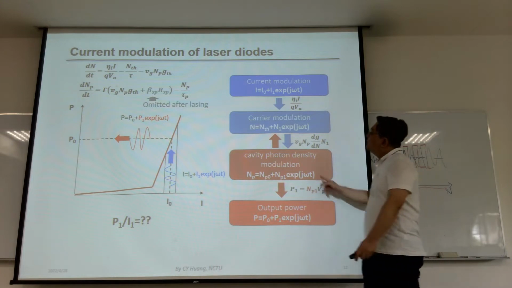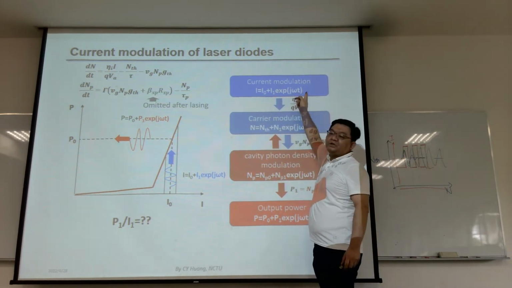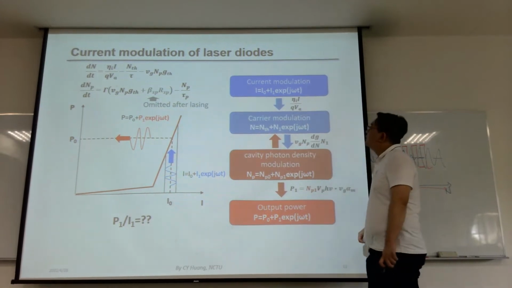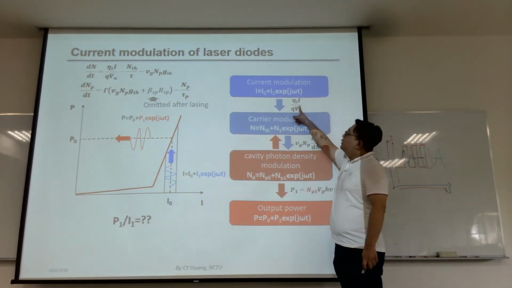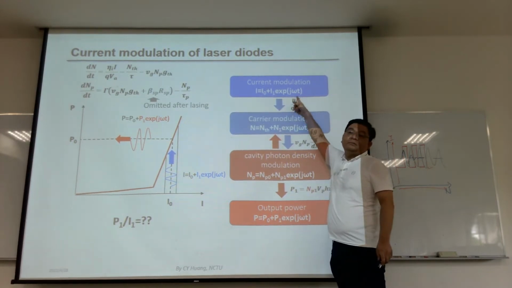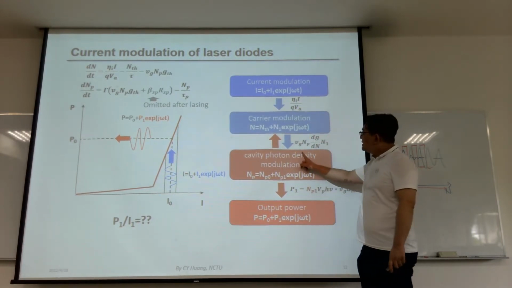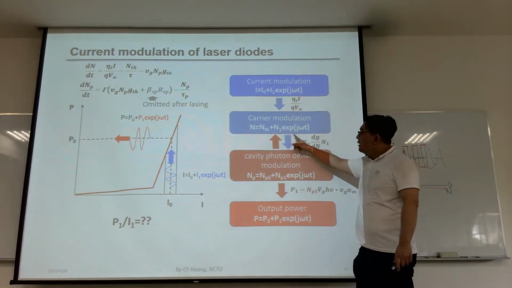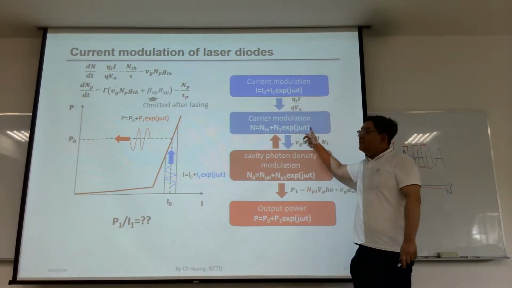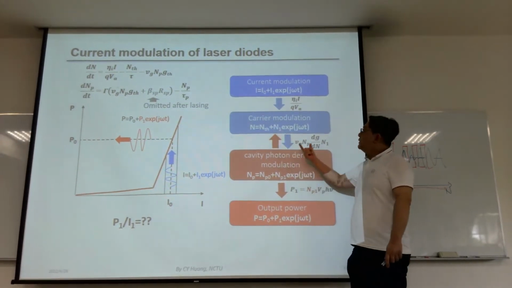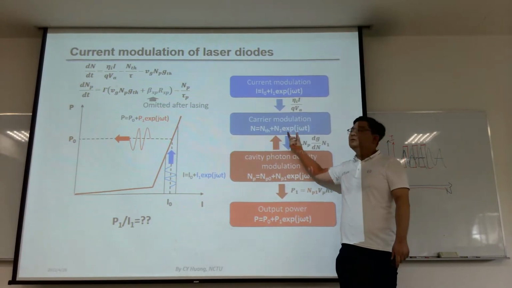Alright, so while you have a current modulation with a frequency of omega, in the rate equation it means this one is time dependent. That makes the carrier density also a modulating term. It will be N_th plus an amplitude with an oscillating term.